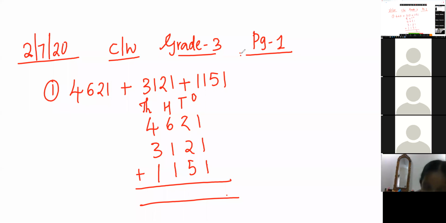It's 3, right? 1 plus 1 is 2, one more added gives 3. Now let us add the numbers in the tens place: 2 plus 2 plus 2. 2 plus 2 is 4, 4 plus 2 is 6, right?